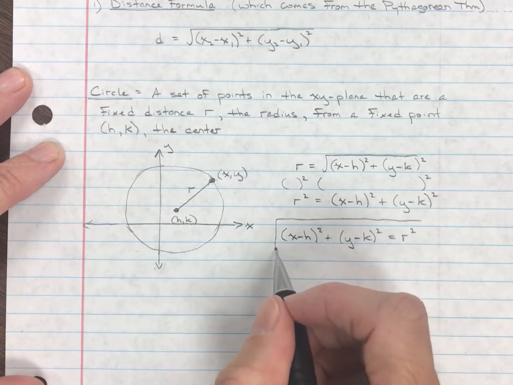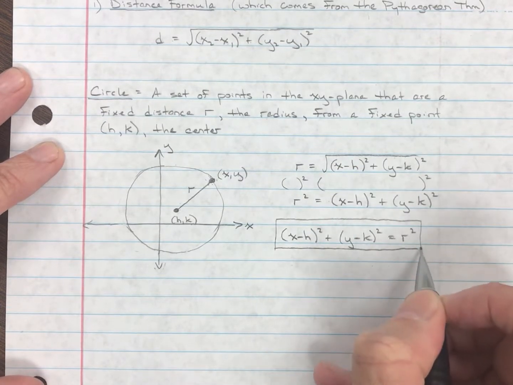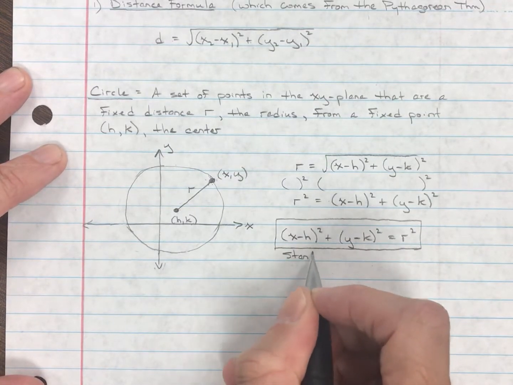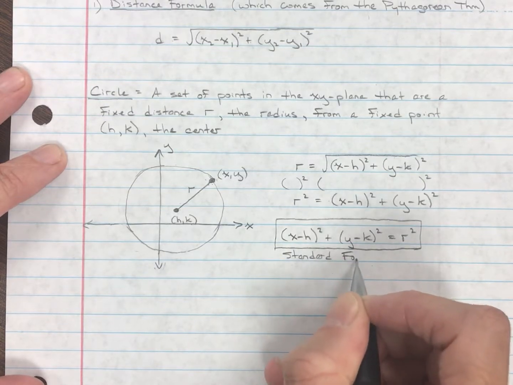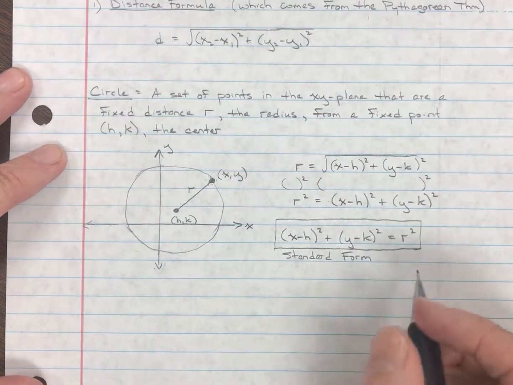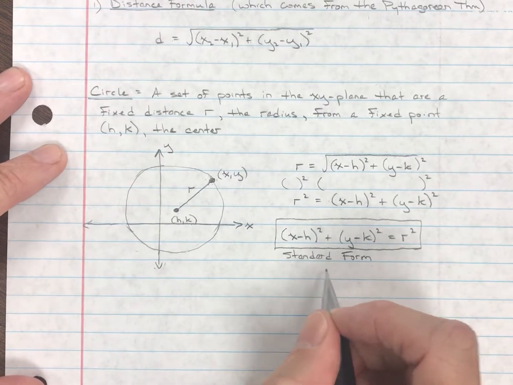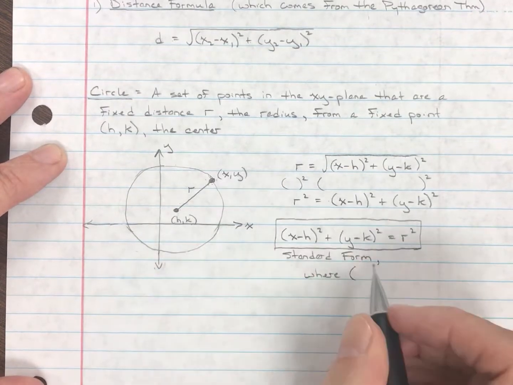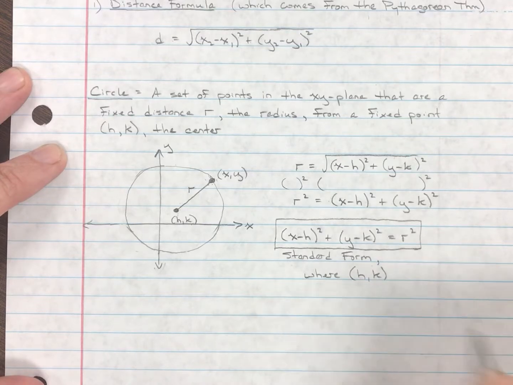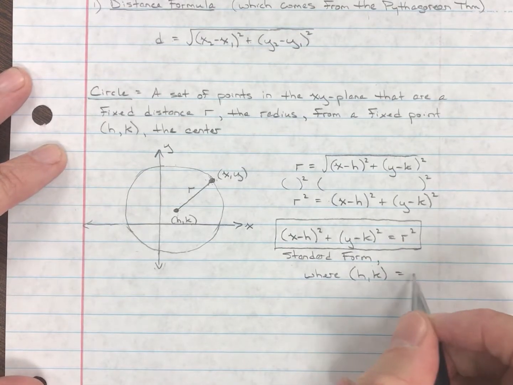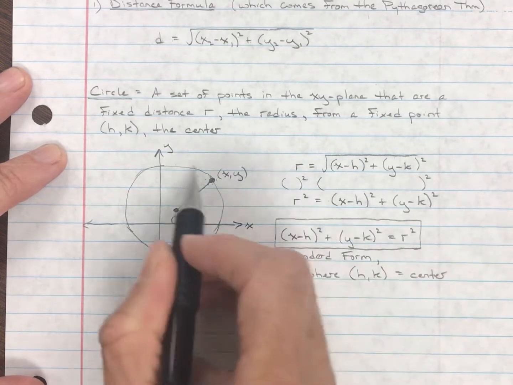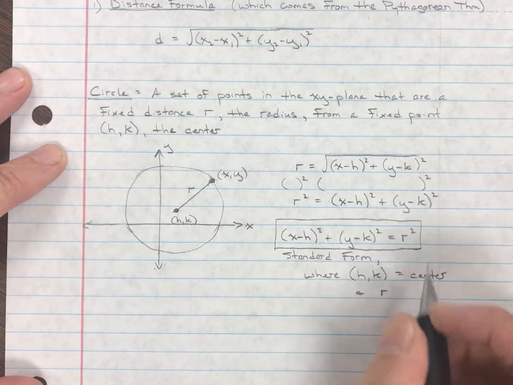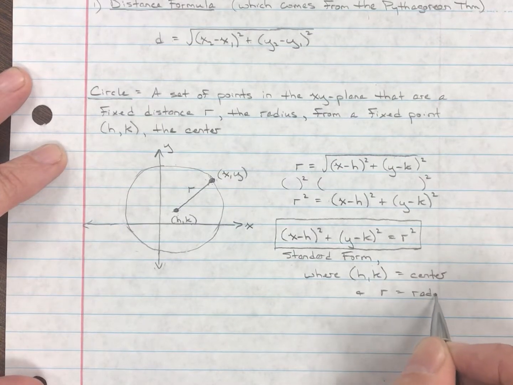This is the standard form of the equation of a circle, right there. Now let's remember, we noted that hk is our center, because that's how we created this. h and k was our center, and r is equal to the radius.